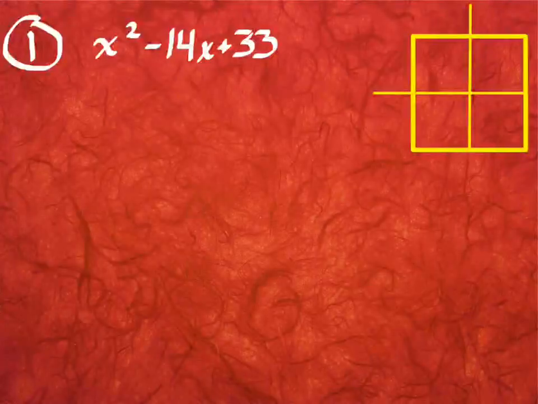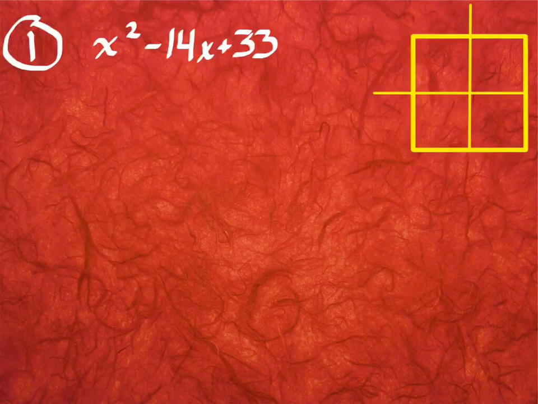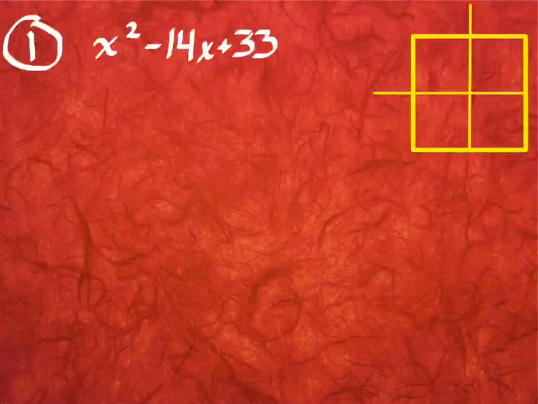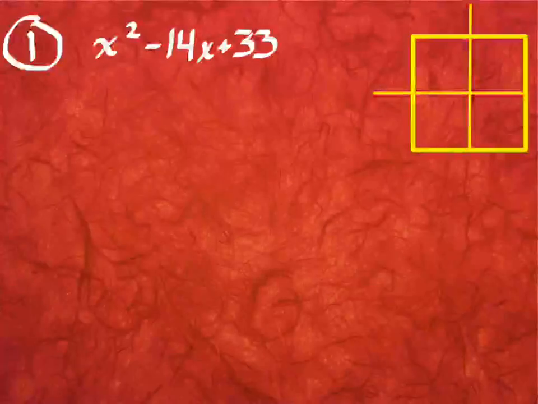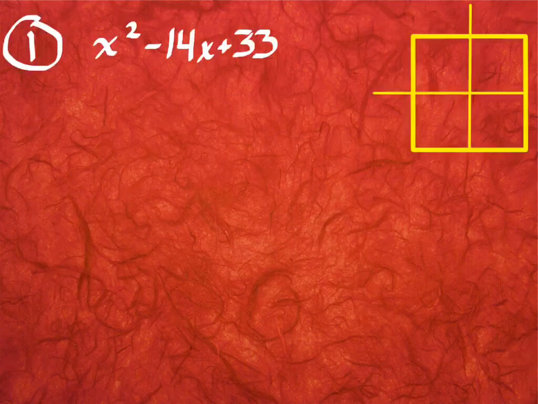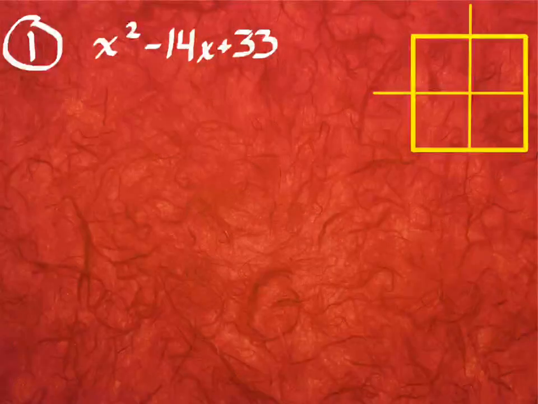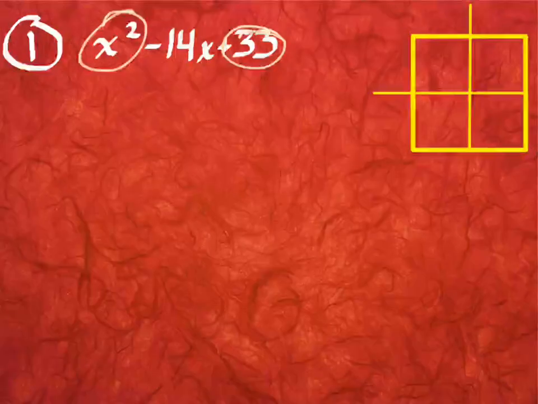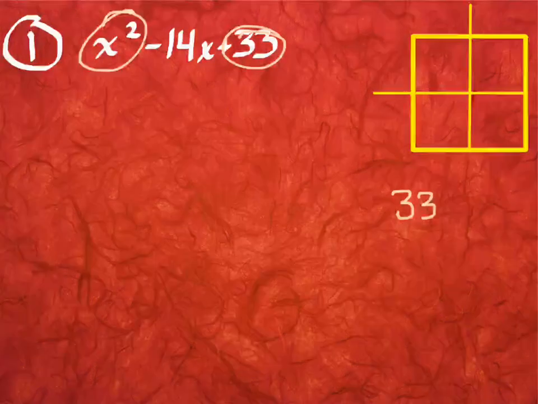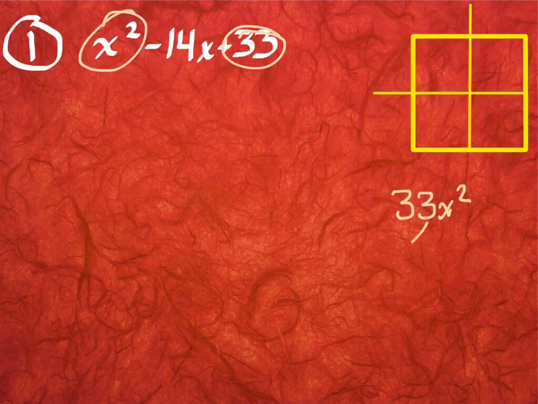So let's look at x squared minus 14x plus 33. Step 1 is going to be to take your two ends and multiply them. And so that's going to give us a positive 33x squared. We're going to look and see all the factors that could create a positive 33.